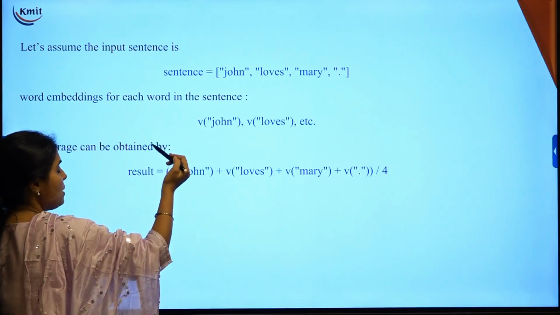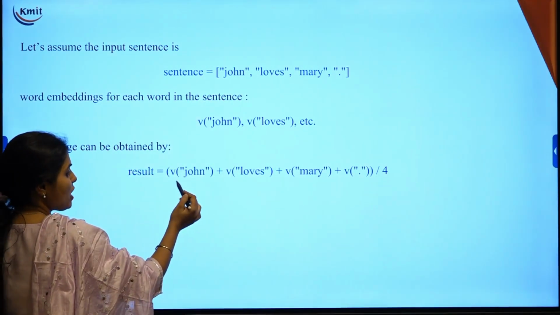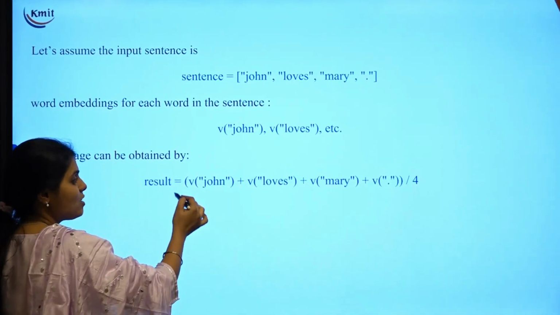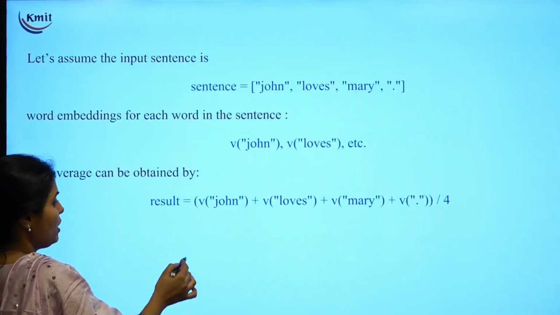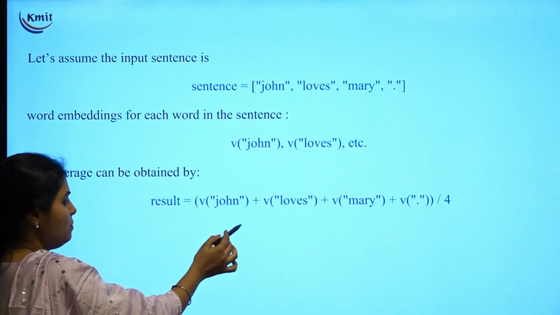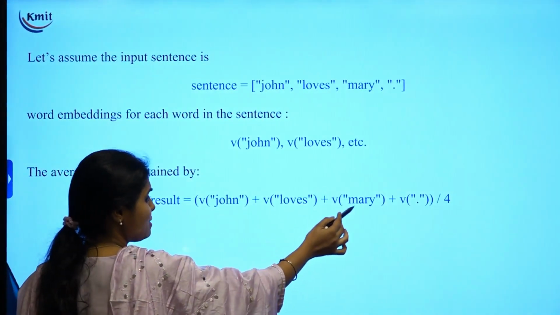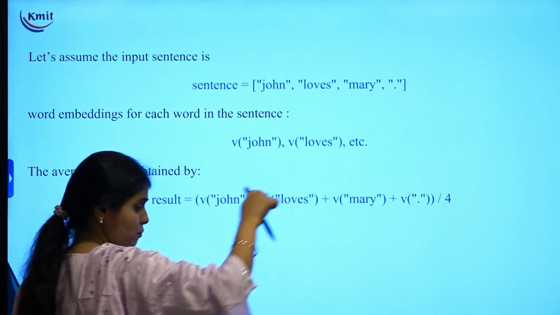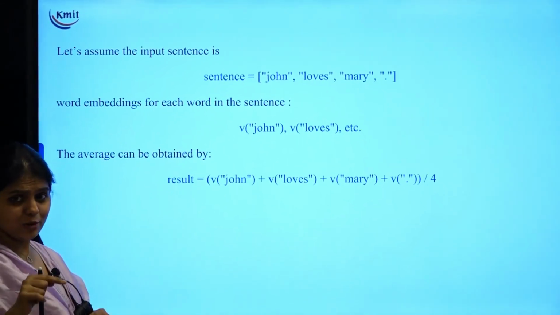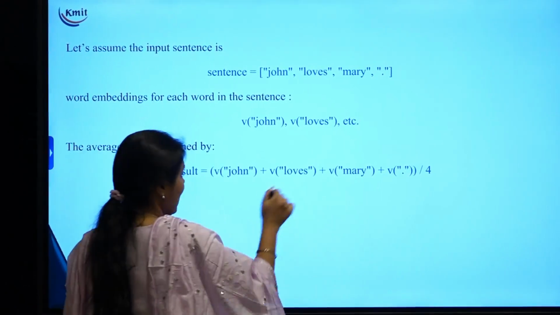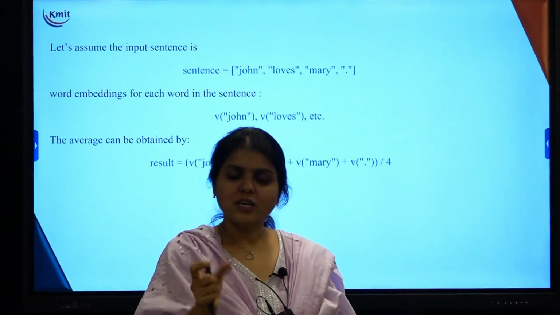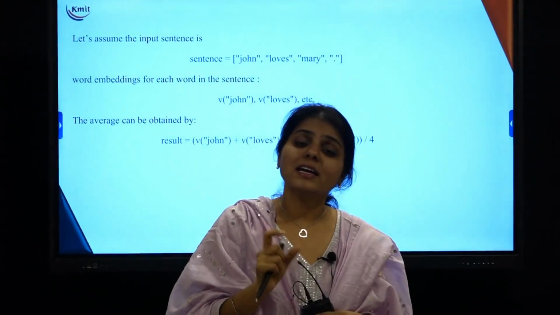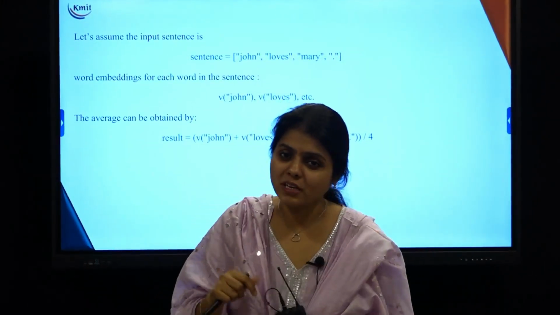In the second step, we average the vectors of the given sentence: vector of John plus loves plus Mary plus dot. Even the dot is included as a token. Now I average them. So I perform tokenization, generate the vectors and perform the average of the given vectors.